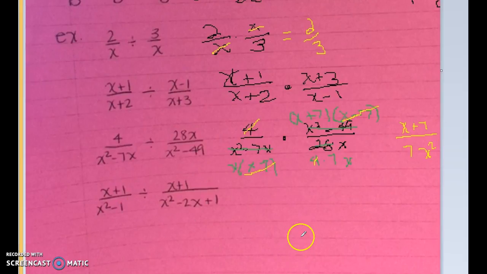For the last one, again, we keep the first one just like it is. Change it to multiplication and switch the second one.